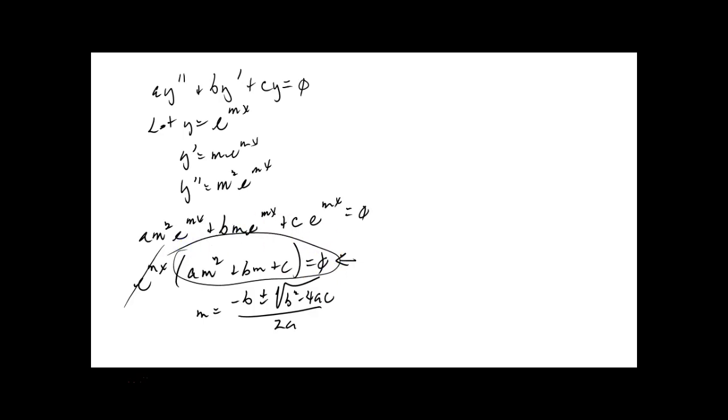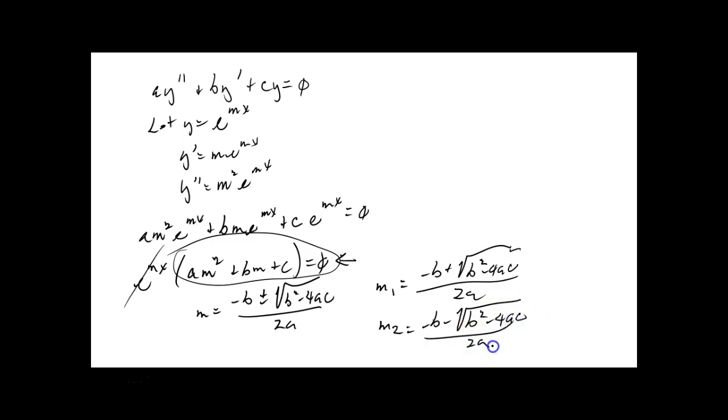Like I just said, m1 is going to be minus b plus the square root of b squared minus 4ac divided by 2a, and the second one, m2, is going to be minus b minus the square root of b squared minus 4ac over 2a.